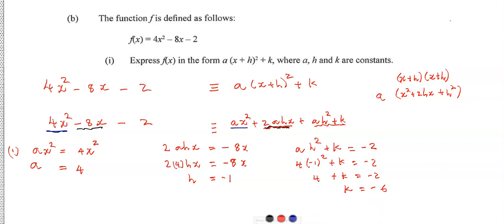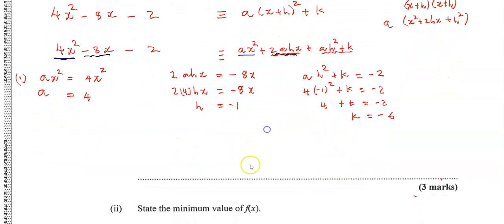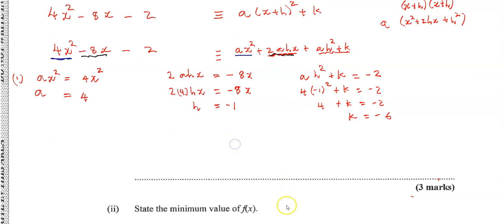So now we have found the values of a, h, and k, so we can write the equivalent expression. The left hand side is equal to the right hand side. We're going to have 4x squared minus 8x minus 2. That must equal the right hand side.